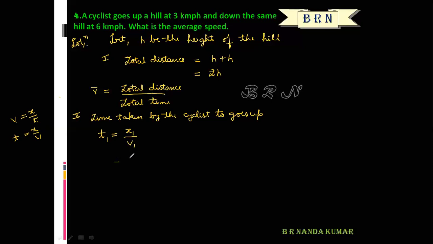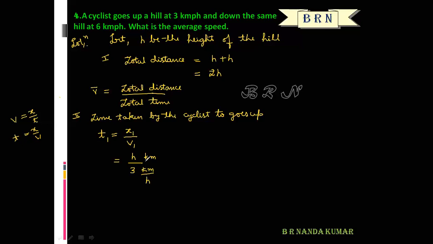So x1 is H. v1 is given as 3 km per hour. Let us consider this is H kilometer, and this is 3 km per hour.